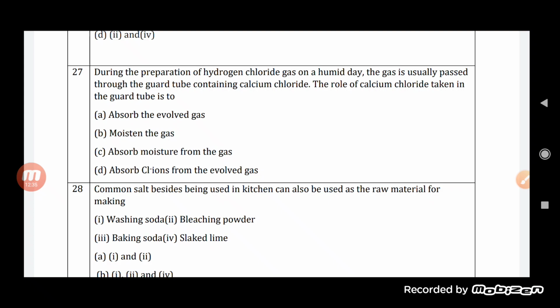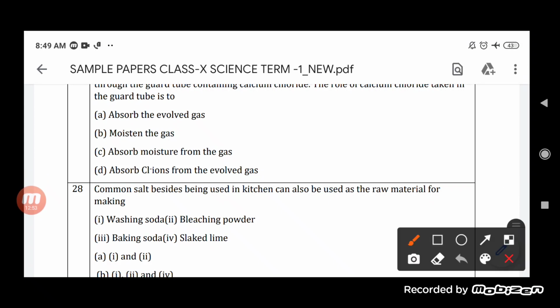Calcium chloride is there in order to absorb the moisture from the gas. So the role of the calcium chloride taken in the guard tube is to absorb the moisture from the gas.